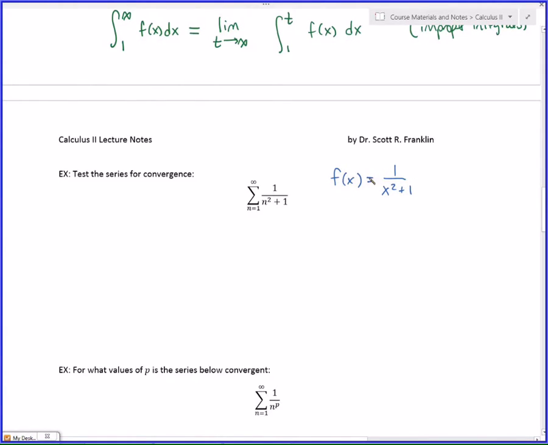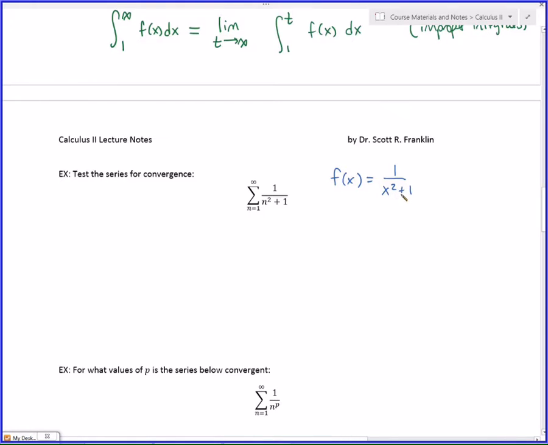So first of all, is that a continuous function? Almost everything we work with is. Yes. In this case it is, because with a rational function, they're continuous everywhere they're defined. Now this guy, if you think about where could he possibly be undefined, it'd be where the denominator was 0, and x squared plus 1 can never be 0.